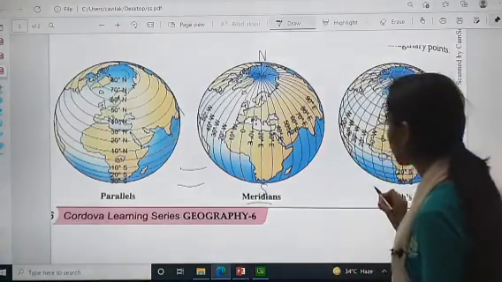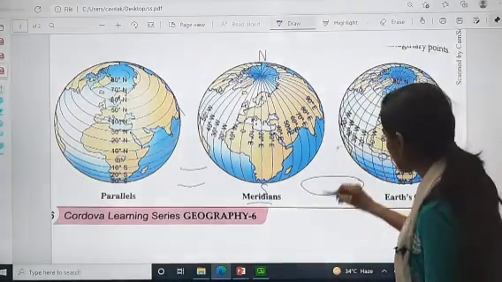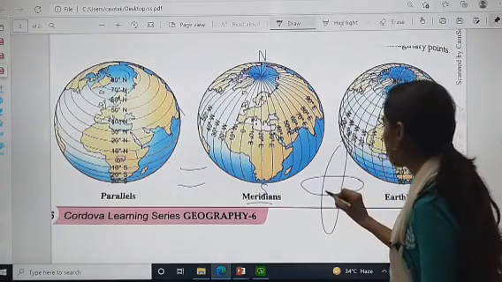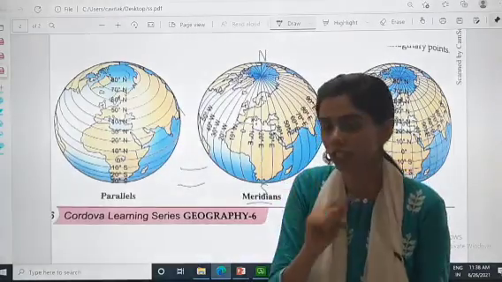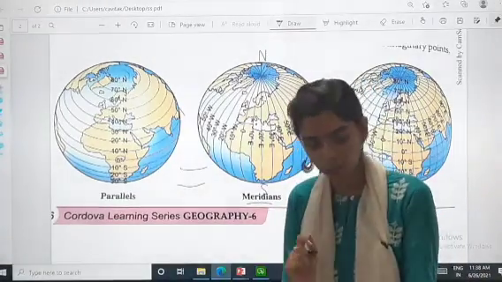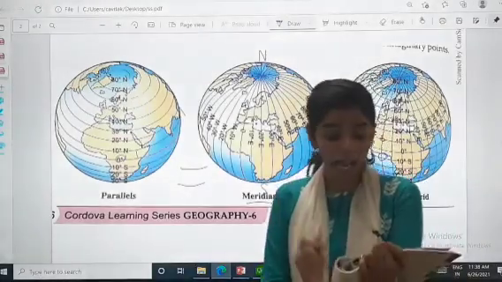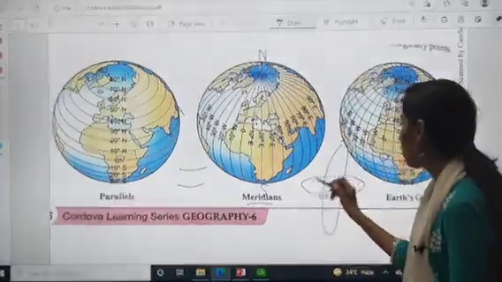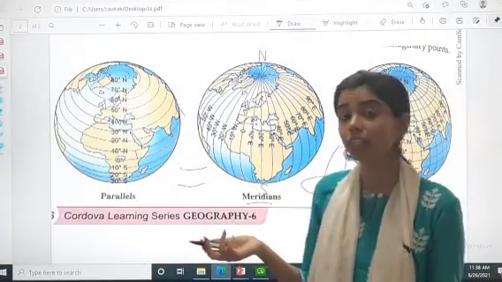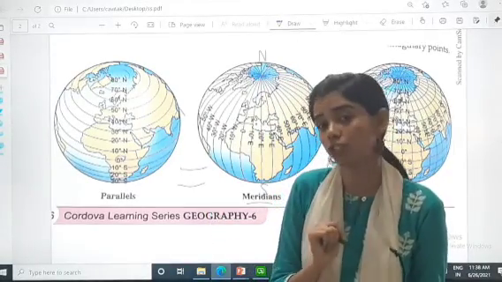This is your parallels, this is your meridians. Is it clear, students? These lines help to locate the position and the direction of a place on the globe. So through these lines we are able to know about the directions and the positions.